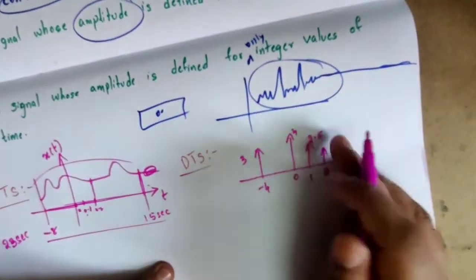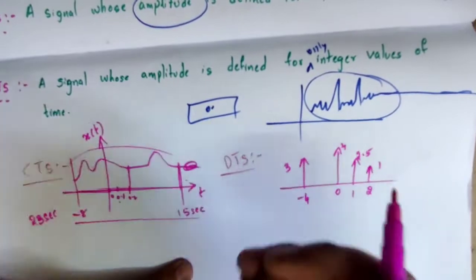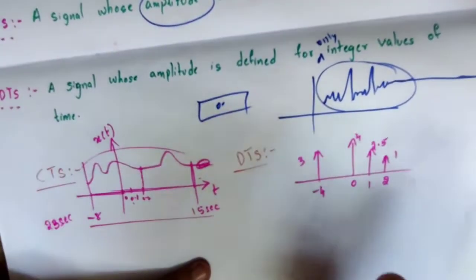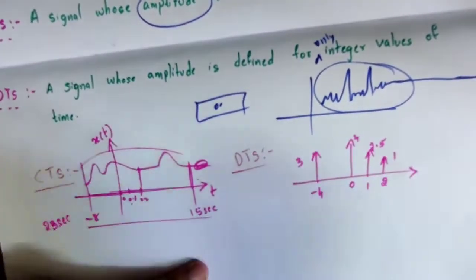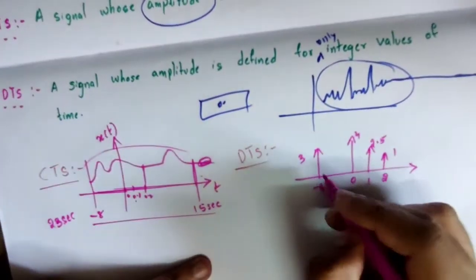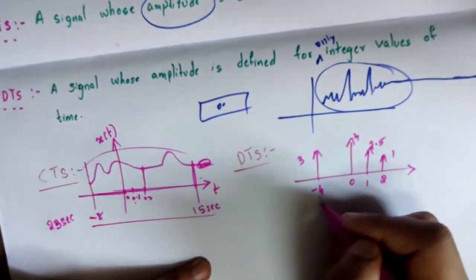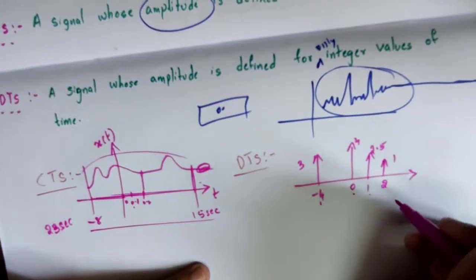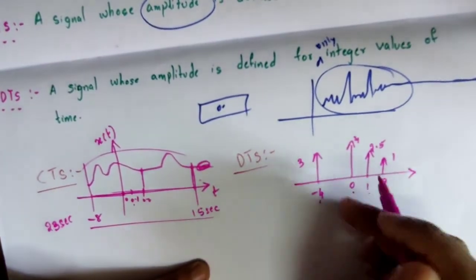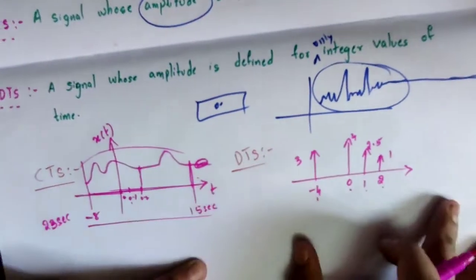Now see, whatever the signal is, either speech or some kind of signal, here the signal is defined only for integer values of time. It is defined for minus 4, for 0, for 1, for 2. Only for the integer values of time there will be an amplitude of that particular signal.